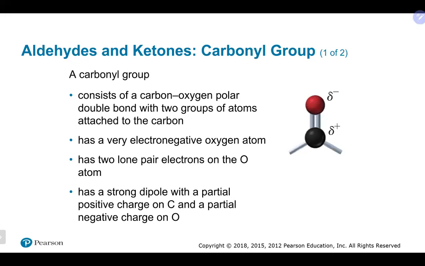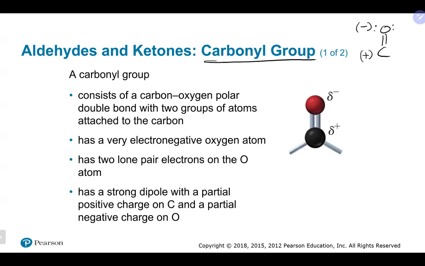Aldehydes and ketones do have a carbonyl group. A carbonyl group is specifically the carbon-oxygen double bond. It is a polar group where the oxygen is more negative and the carbon is more positive. So both the aldehyde and the ketone have this carbon-oxygen double bond.